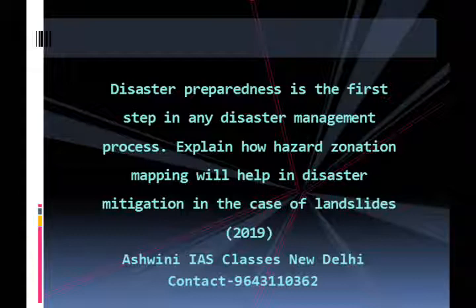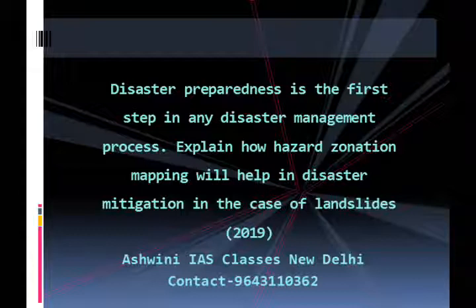Therefore, all development schemes in vulnerable areas should include a disaster mitigation analysis whereby the feasibility of a project is assessed with respect to vulnerability of the area and the mitigation measures required for sustainability. Fourth, the aim of a mitigation strategy is to reduce losses in the event of a future occurrence of a hazard.